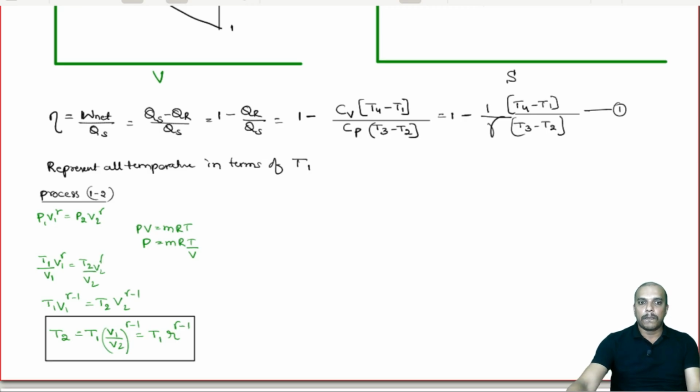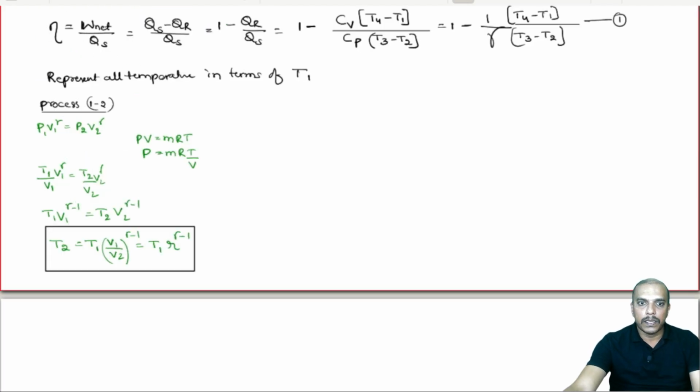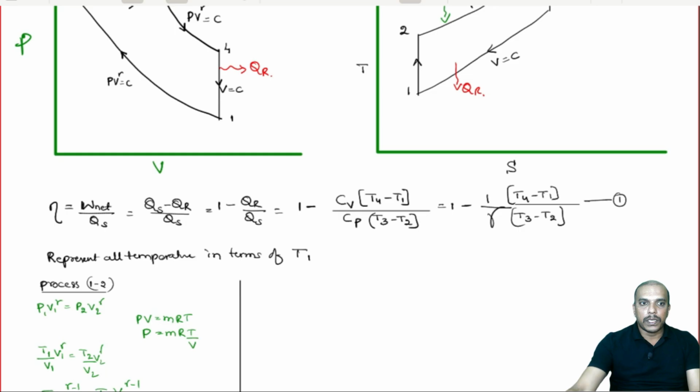Now, similarly, let us write T3 also in terms of T1. Let us take the next process, process 2 to 3.